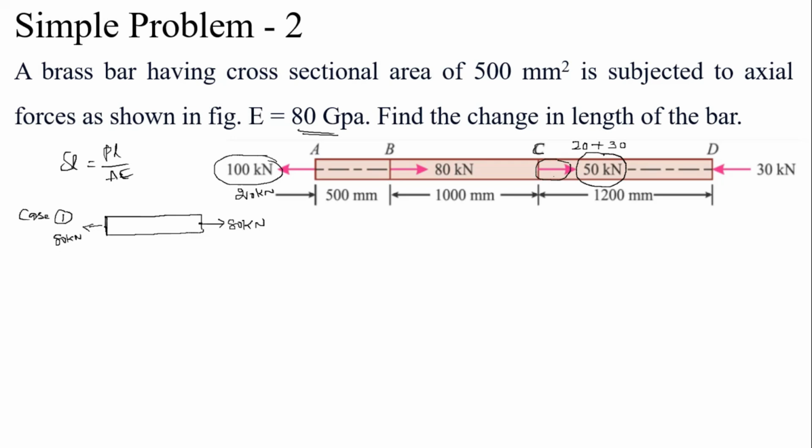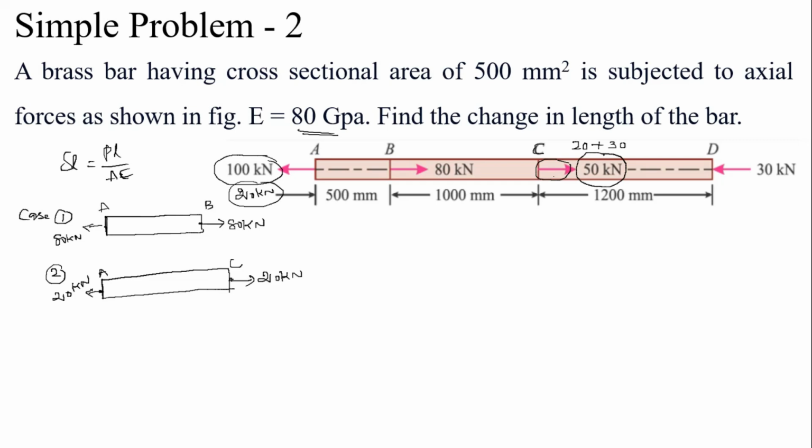Now section 2. At point A the remaining 20 kilonewton is there, and at point C, this is the C point and this is the A point, at C point there is 20 kilonewton.